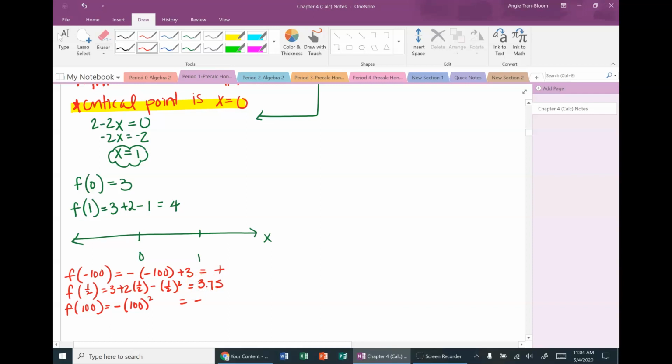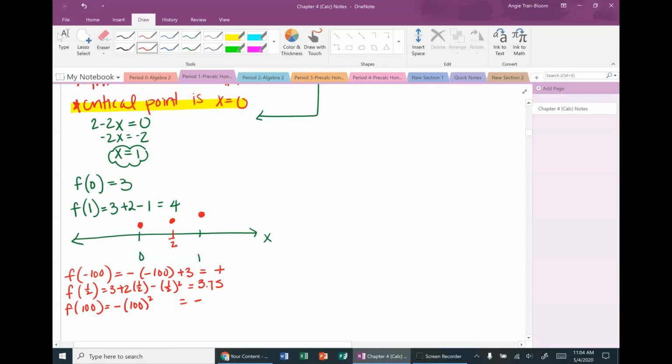Okay, let's see. So at 0, we know we have 3. So I'm going to put a dot right there. At 1, we know we have slightly higher than 3 because it's 4. At a half, I have it in between 3 and 4, so somewhere here, okay, this is at a half.